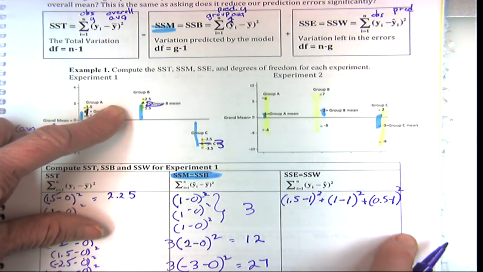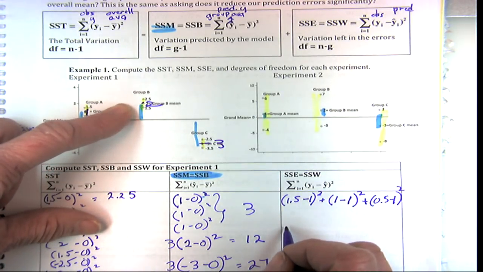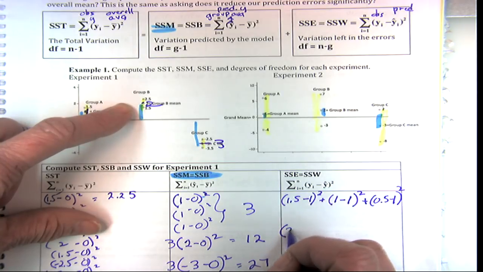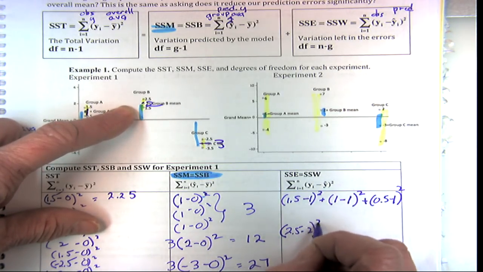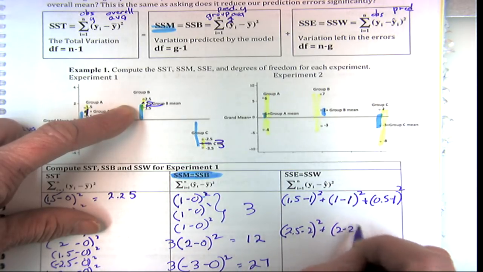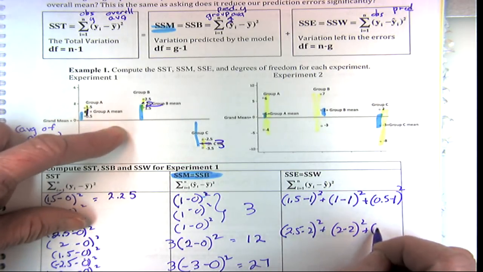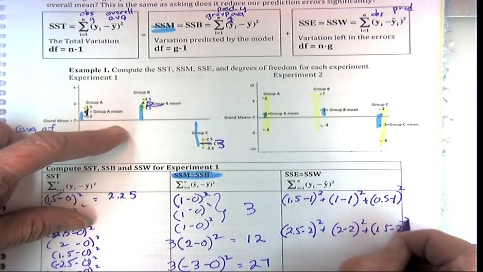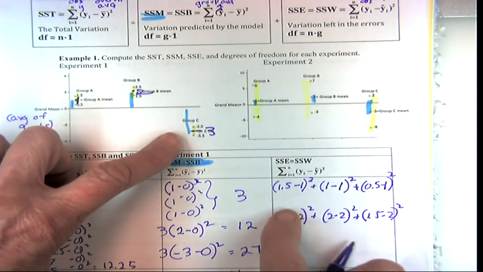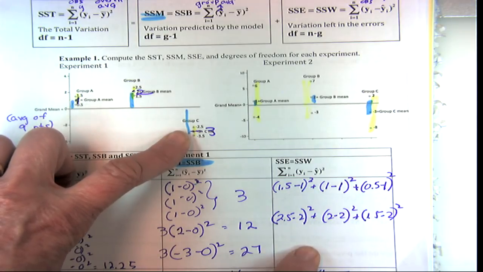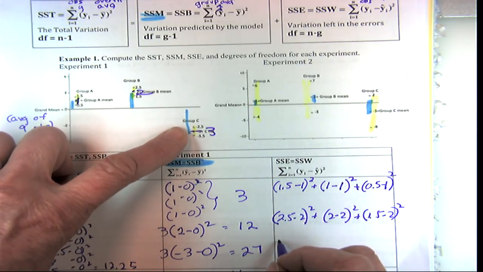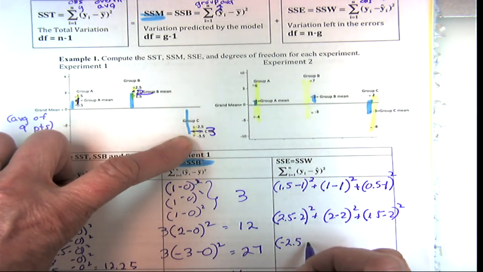And now we're going to just do the same with this one. So this one is what? 2.5 minus 2 squared plus 2 minus 2 squared plus 1.5 minus 2 squared. And then our last group is the same here. And they don't always have to have the same spread exactly, but they do here. And our last group is what? Negative 2.5 minus negative 3, so that's plus 3 squared.